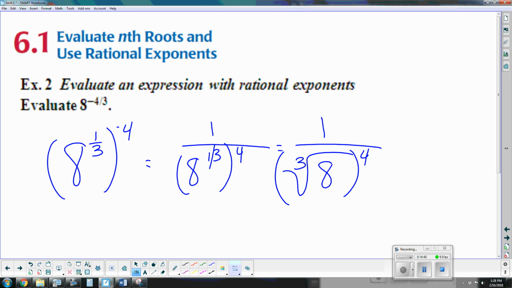Order of operations says do parentheses first. So that's the same as 1 over 2 to the 4th, which is 1 over 16.